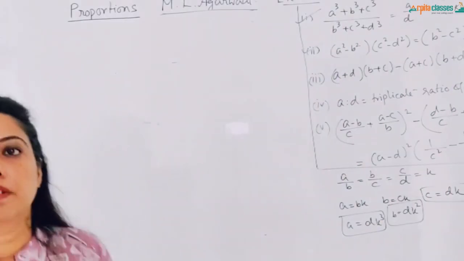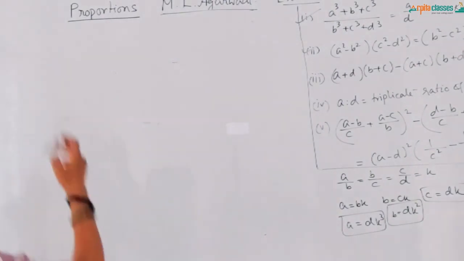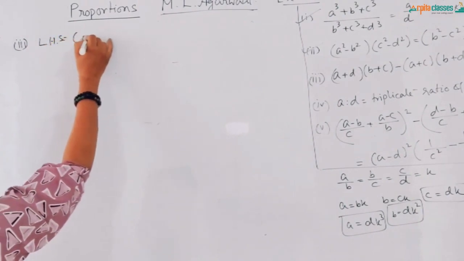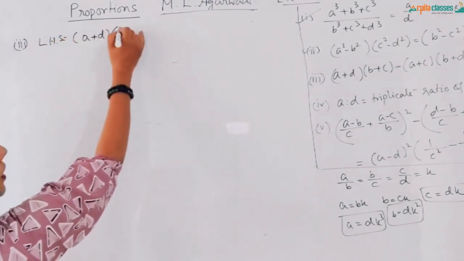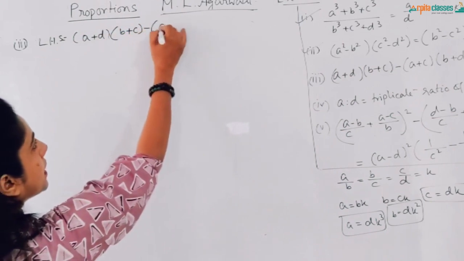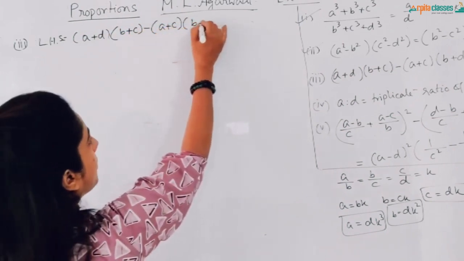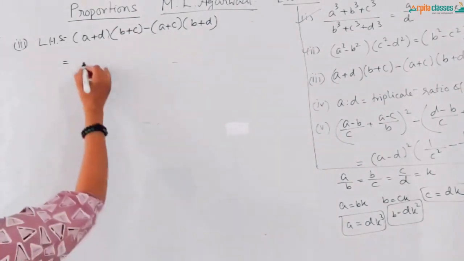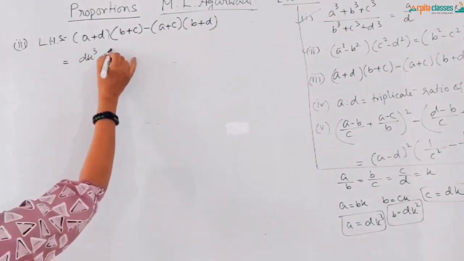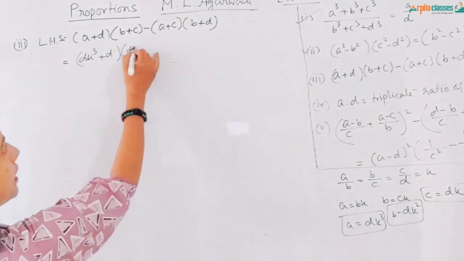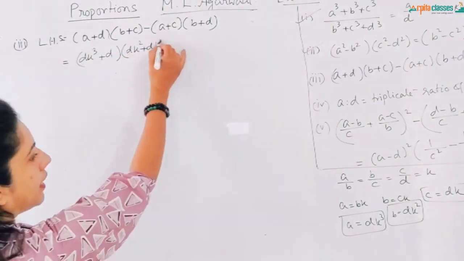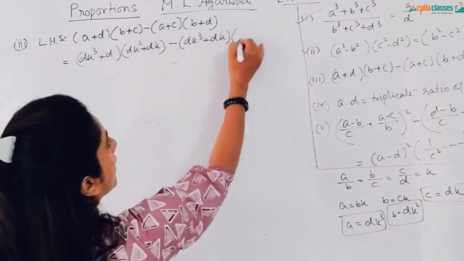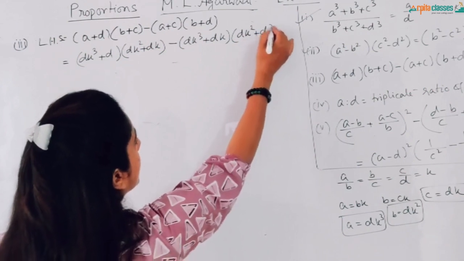So let's start with the third sum now. The third question, left hand side we have (a + b)(b + c) − (a + c)(b + d). Let us put the values. A is dk³, so it is (dk³ + dk²)(dk² + dk) − (dk³ + dk)(dk² + d).